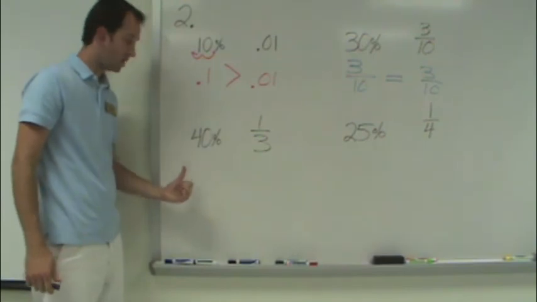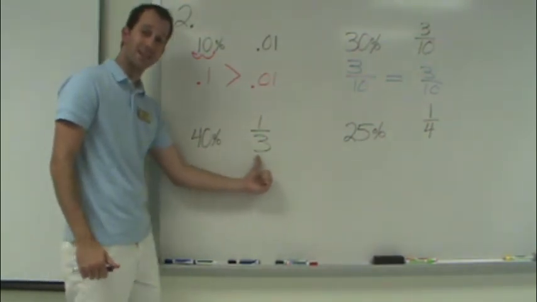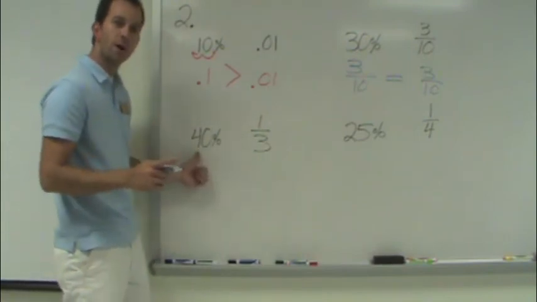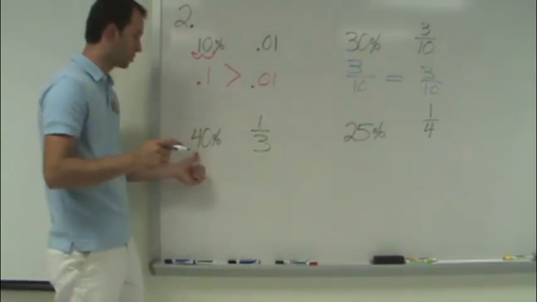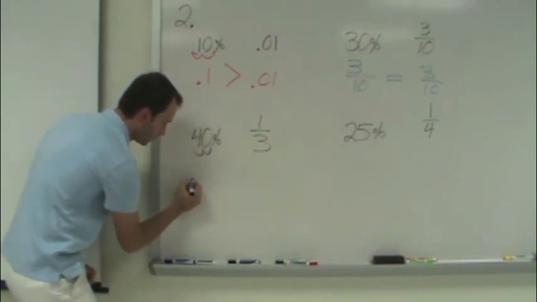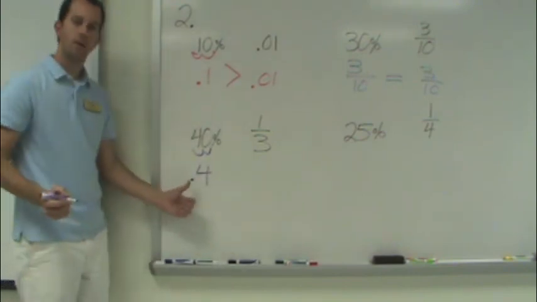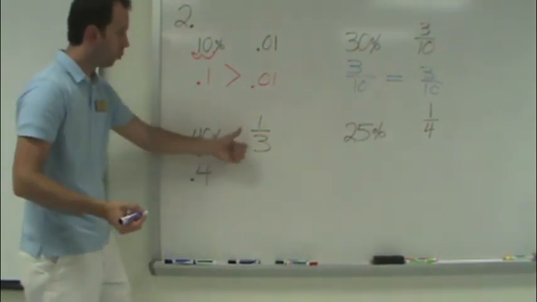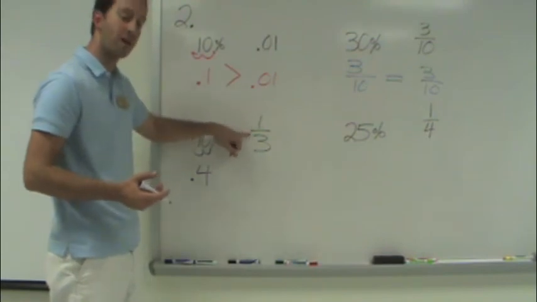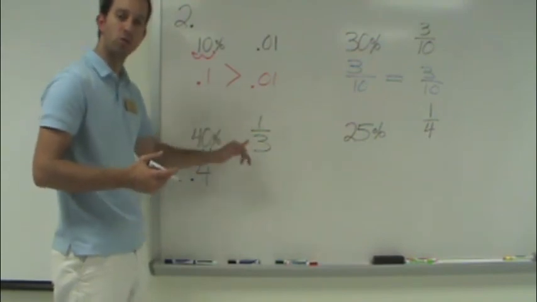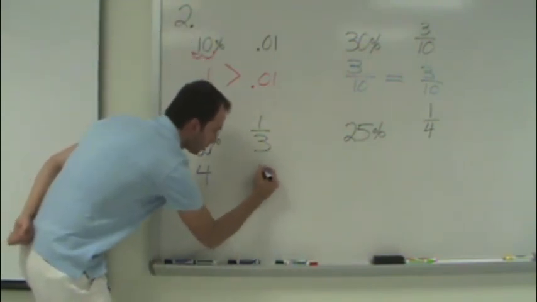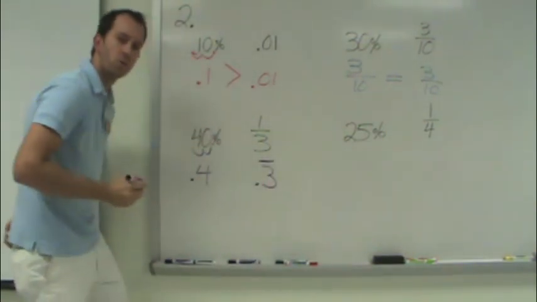Our third choice pits 40% against 1/3. Who is greater? Let's, for this problem, change them both into decimals. 40% as a decimal becomes 0.4. 1/3 as a decimal, we have to divide the top number divided by the bottom number. Numerator divided by denominator. Our answer is 0.3 repeating.